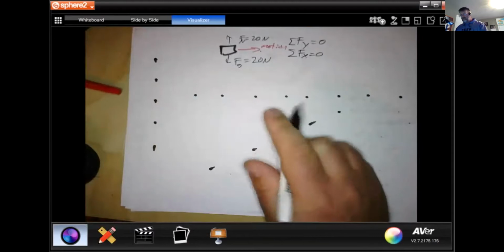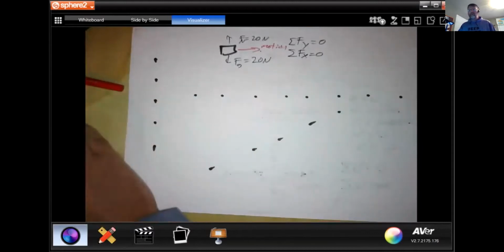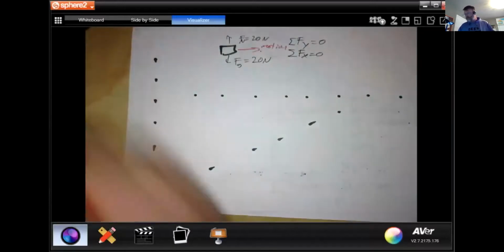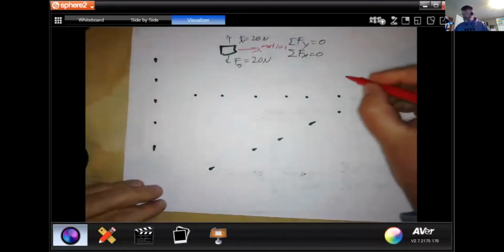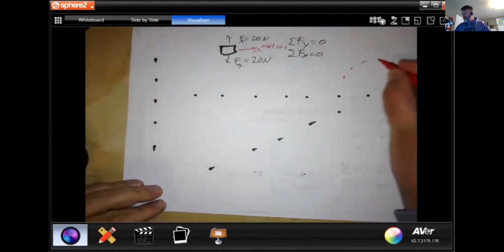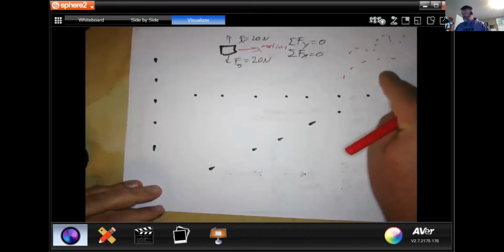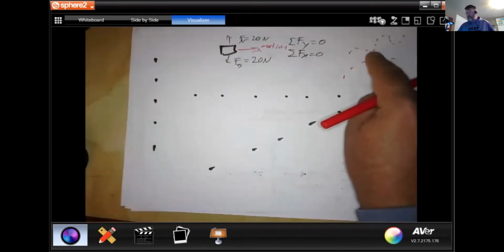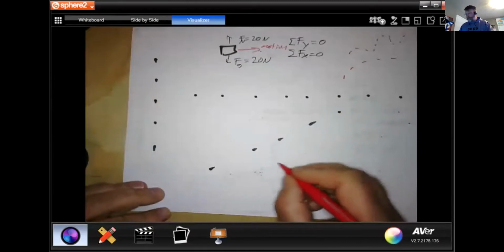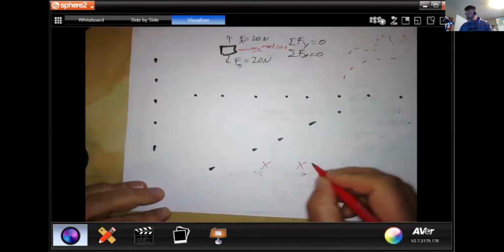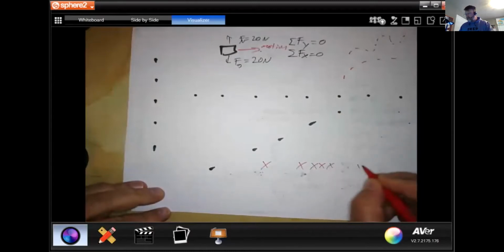What would not be possible would be anything that's not a straight line. Those are not possible because they're not in a straight line. Also not possible would be anything that is slowing down or speeding up.